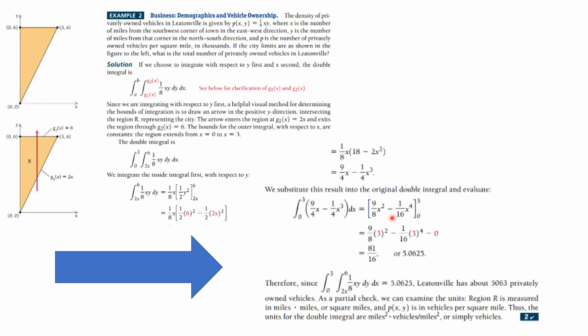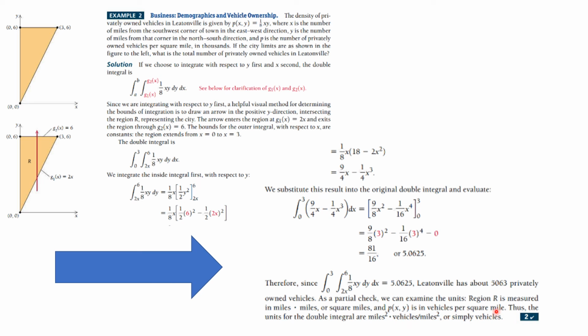And this is the 1 over 4 factors out. And we add 1 to the exponent, divide by the new exponent. We get this, 3 and 0. We evaluate this using the fundamental theorem of calculus, and we get 81 over 16. So this iterated integral is 81 over 16.